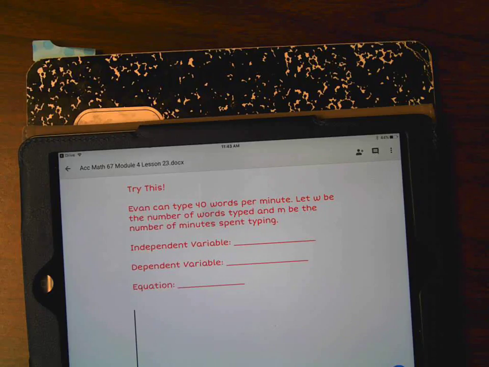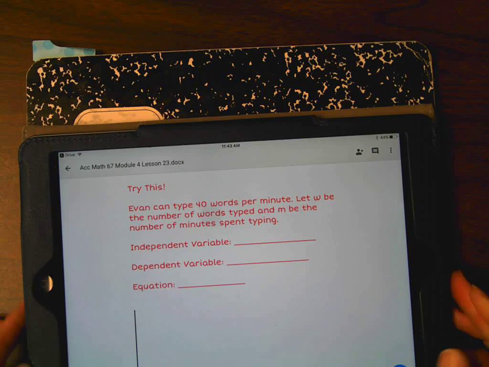Here's my question. Can you have words typed if you don't spend any time typing them? No. So the independent variable in this problem has to be the amount of time typing.